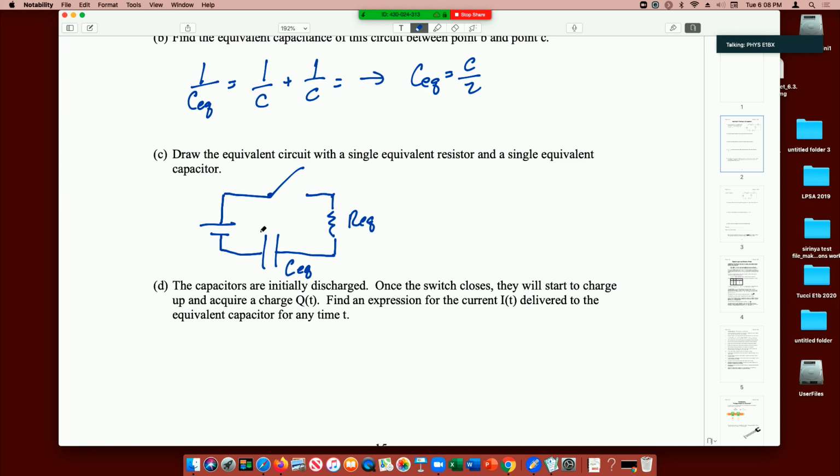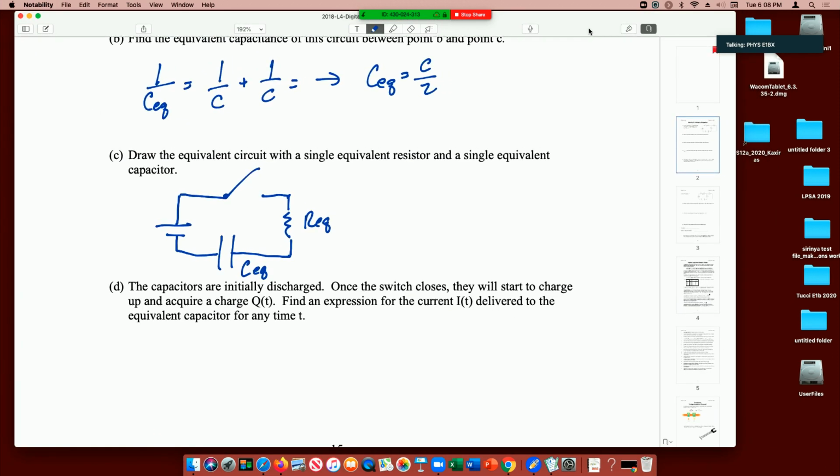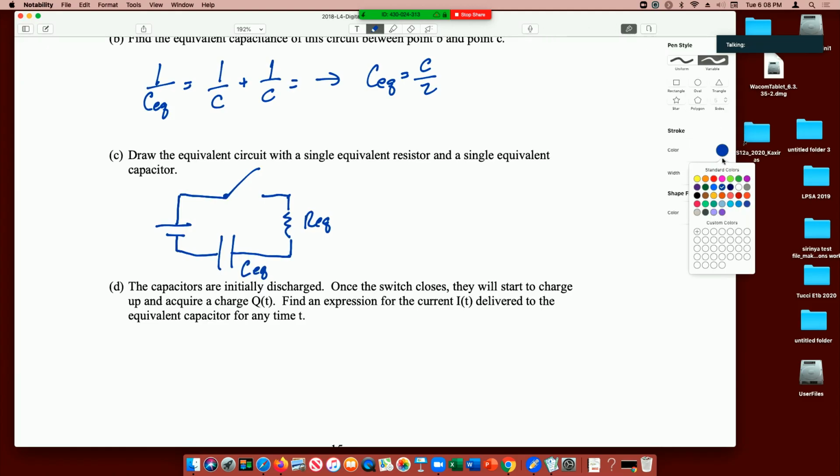Let me maybe change colors, although I forgot how to do that. Okay, so let me draw my loop, right? And then now what I can do is write an equation using all of the rules that you learned before.